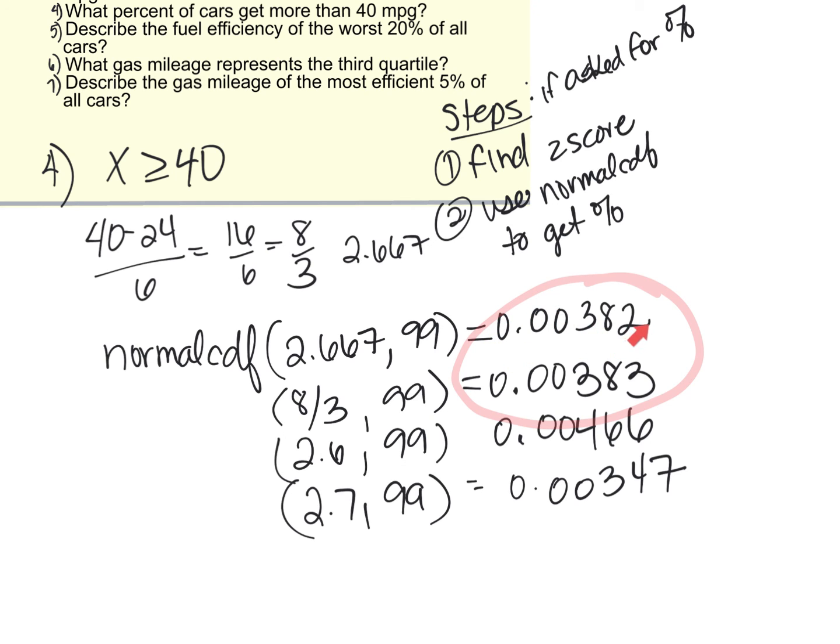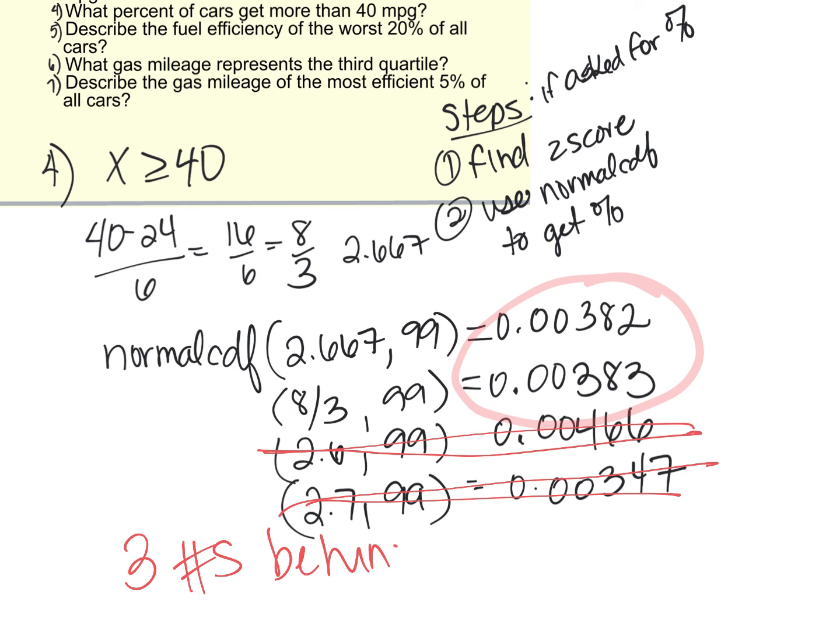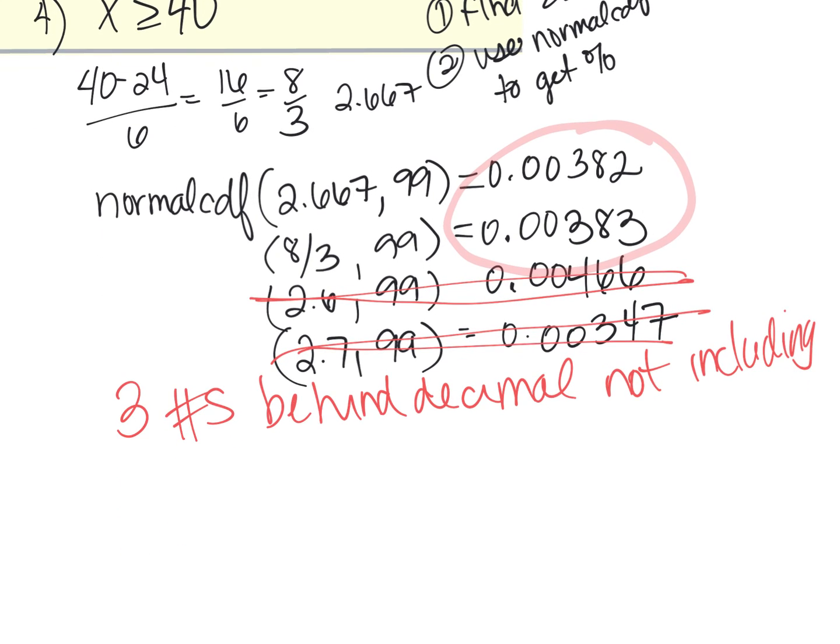You want 3 numbers, okay? You really need to make sure you are not over rounding. So we don't want this or this. You want 3 numbers behind the decimal, not including leading zeros.